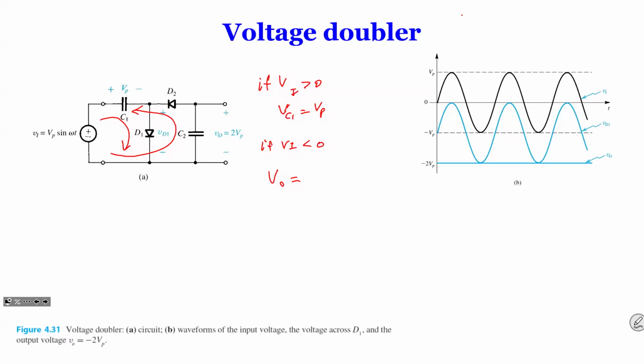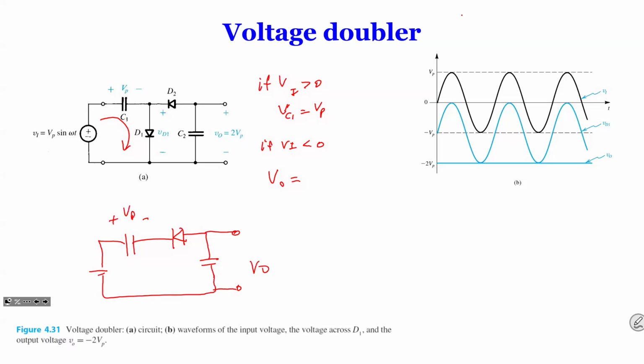Maybe I'll draw an equivalent circuit to make it easier to understand. So Vi is negative, which means Vp at the bottom is positive, up is negative. And you have Vc also bottom positive, or left positive, right negative.